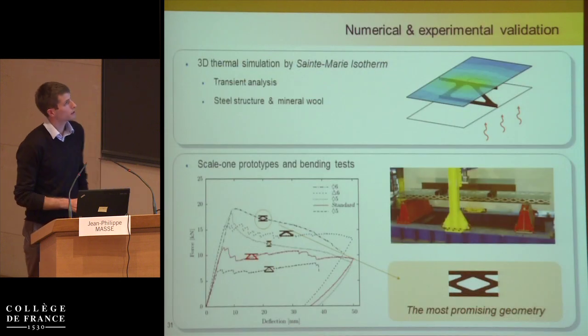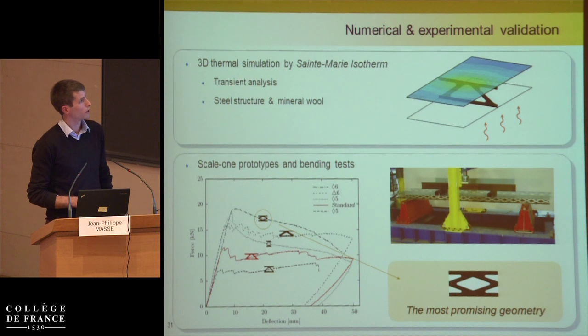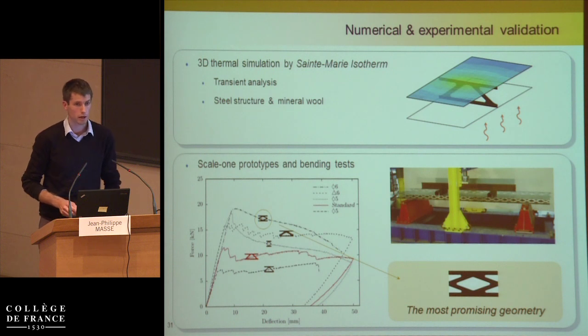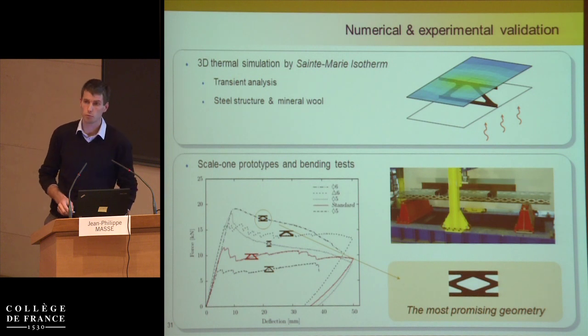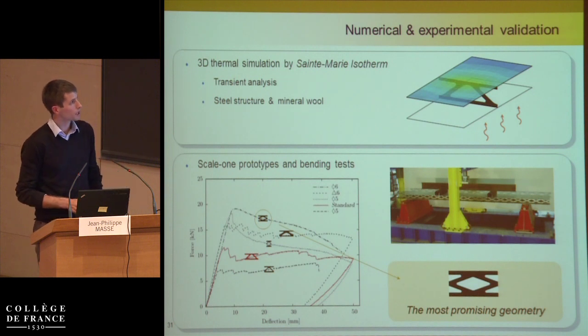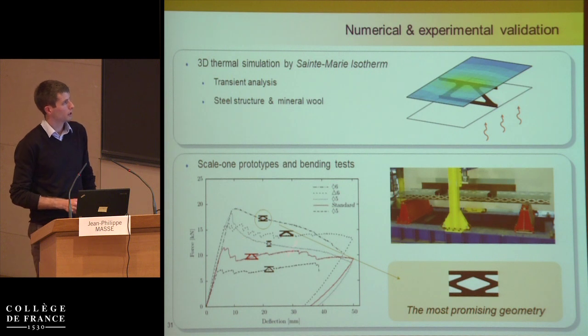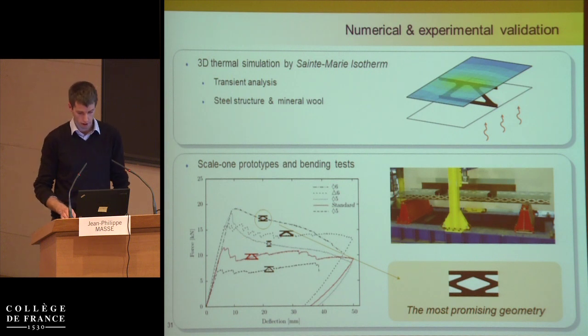Then we tested some of these geometries with 3D thermal calculation. The result was pretty convincing. And we did some tests on pretty large structures, here with the same 4-point bending stiffness measurement, and also damage of the panel.